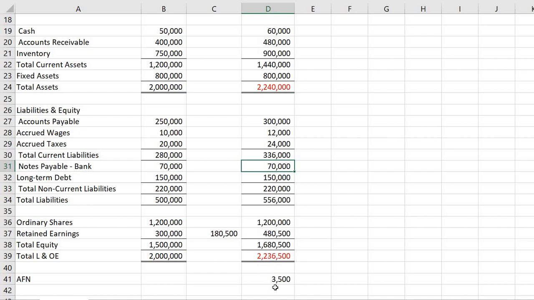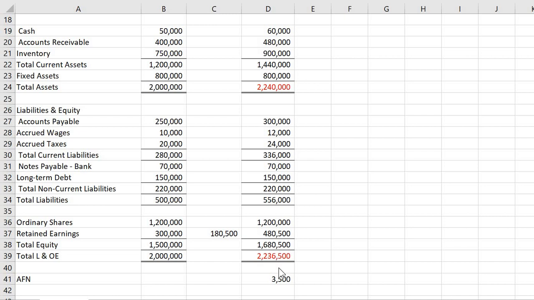No? So, depende lang sa kung paano mo siya ipi-finance. Again, this is part of your step 2, no? Pagkatapos mong gumawa ng statement of financial position, then pwede mo nang makompute ang AFN mo or additional financing need kung meron.